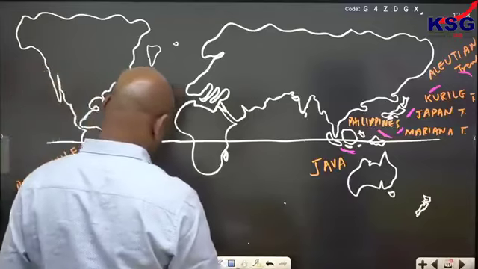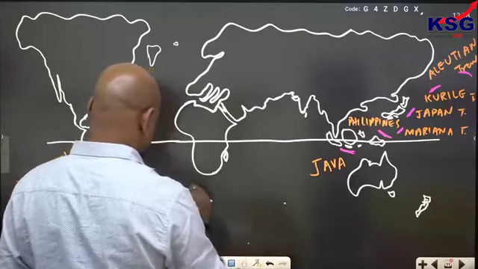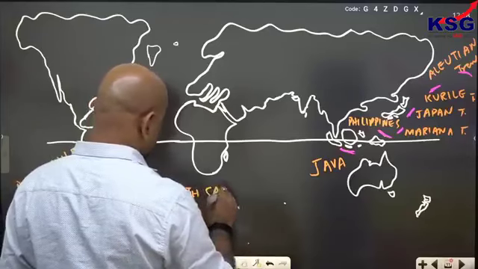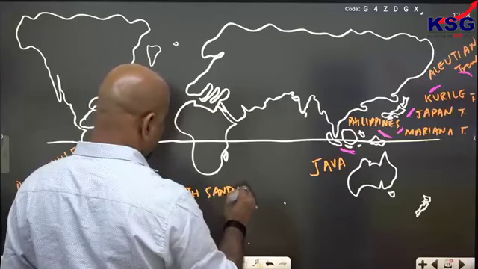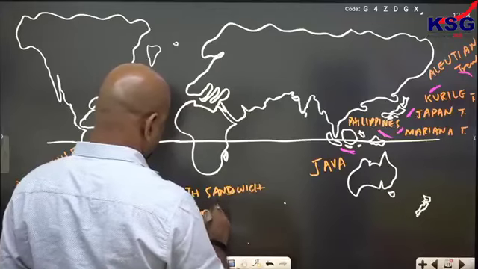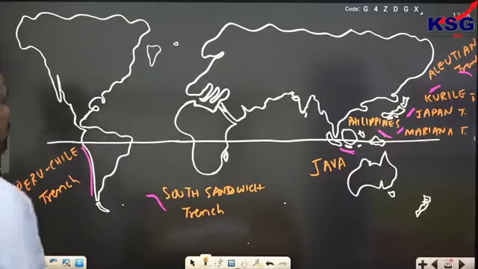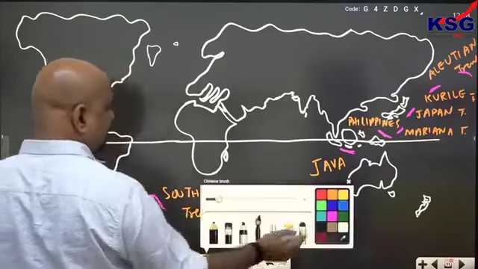Here it is, this is the South Sandwich Trench. And in this region we have the West Indies Trench.